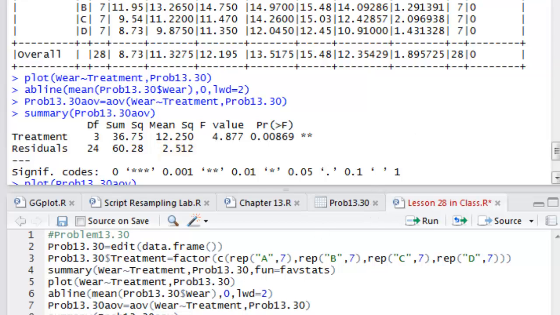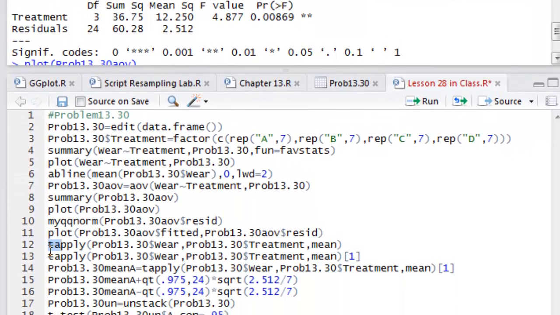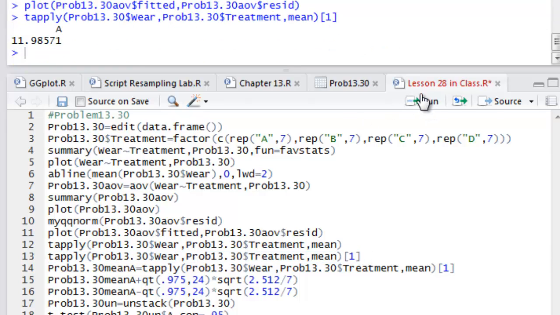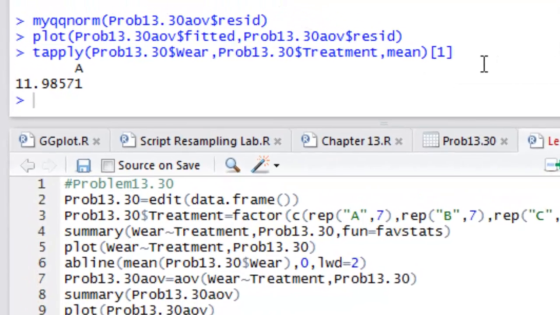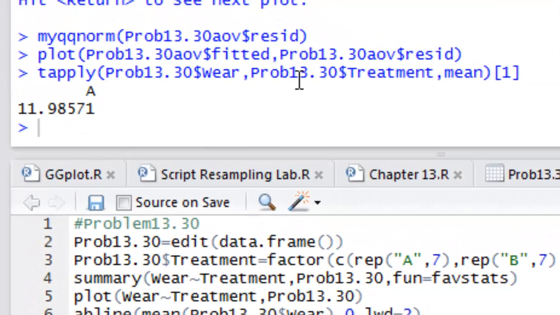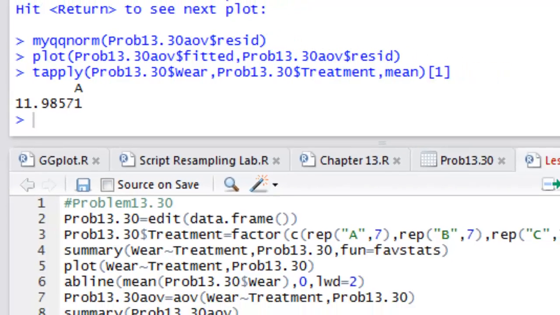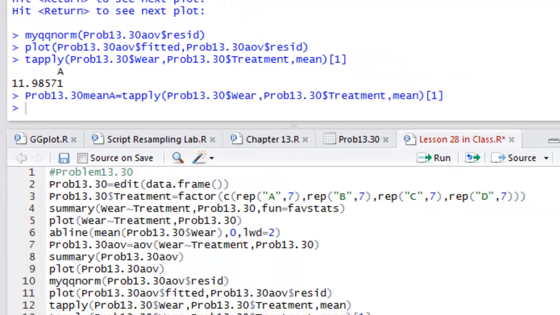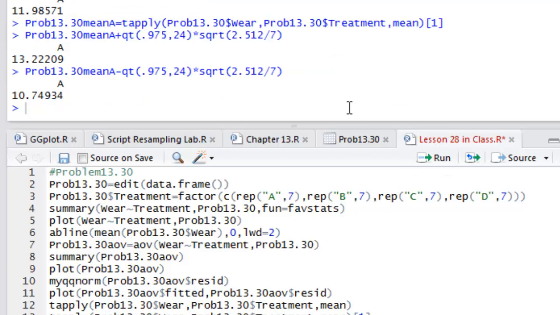So I'm going to go ahead and do a 95% confidence interval. First thing I'm going to do is capture the mean in a variable. What I'm using here is a tapply command. I'm calculating the mean of each of A, B, C, and then I'm using the 1 to just get A. I'll save that in the variable I call meanA. Then to calculate the confidence interval, I'm going to add and subtract the appropriate number of standard devs.